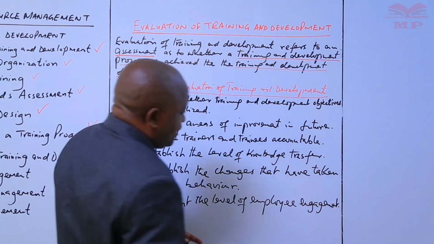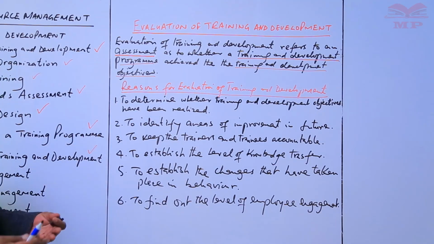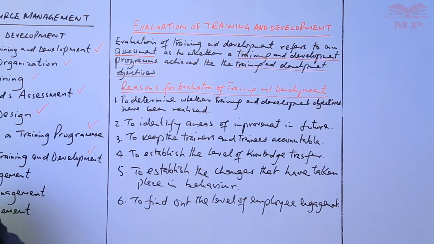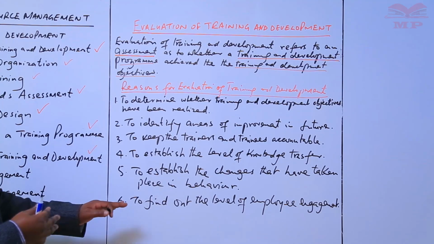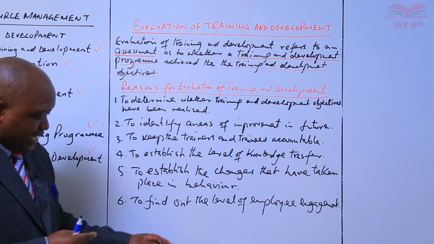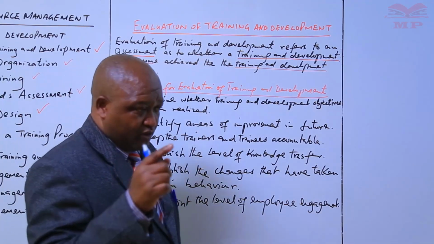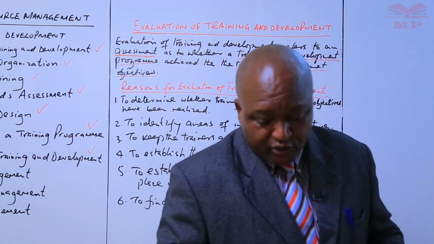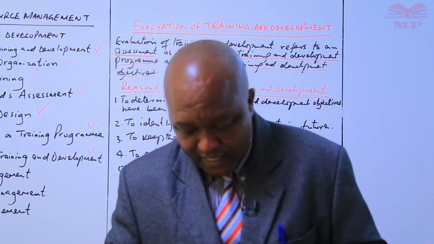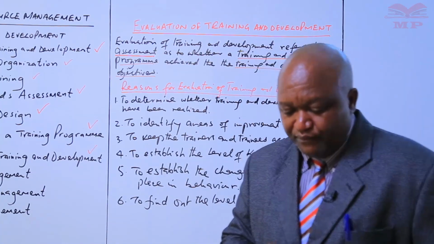So if employees have gone to a training program and they are undertaking that particular program and they are evaluated at the beginning of the training, in the middle of the training program, and at the end, it is possible to find out the level of engagement and commitment that the employees have towards that particular training program. And that then becomes one of the reasons why employees are taken through that particular training program.